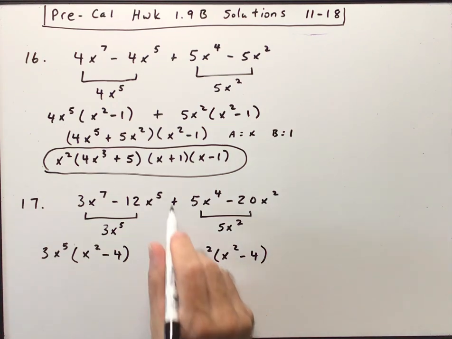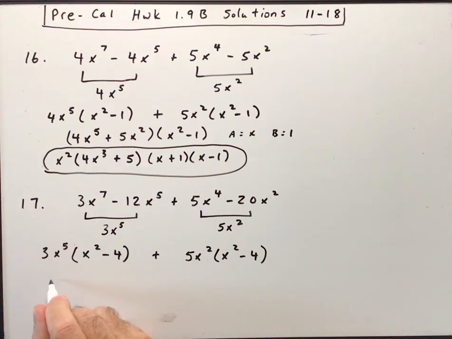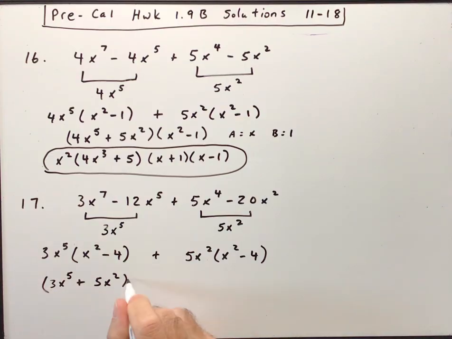Put a plus there, because when you distribute, that'll give you the plus minus you want. So we'd have 3x to the fifth plus 5x squared times x squared minus 4. So we could factor out an x squared here, and I would have 3x cubed plus 5.